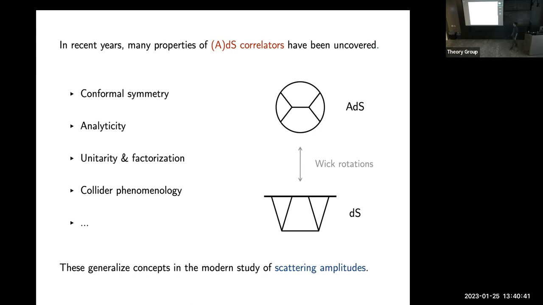So I just listed some of these properties of correlators that we've come to understand better. But notice that all of these concepts also appear in the study of scattering amplitudes, right? So that means we can leverage the insights and lessons that we have gained in amplitude studies to understand these correlation functions.